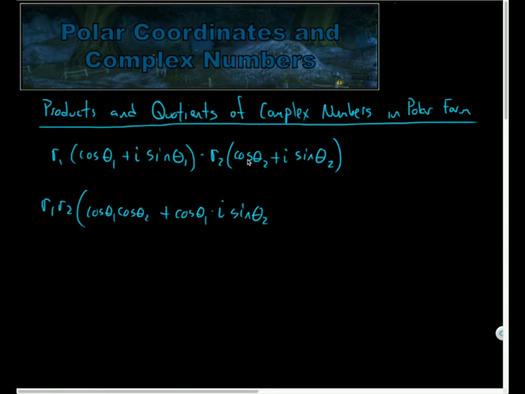Then multiply this one by that one, and I'll have plus cosine theta 2 times i sine theta 1. And then multiply these two, and I'll have plus i squared sine theta 1 sine theta 2.